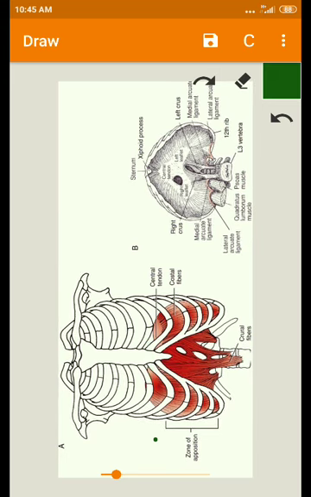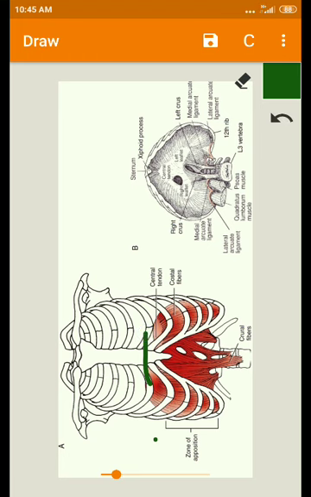The central tendon is the first component of the diaphragm, and it is a non-contractile part forming the top, called the dome of the diaphragm.